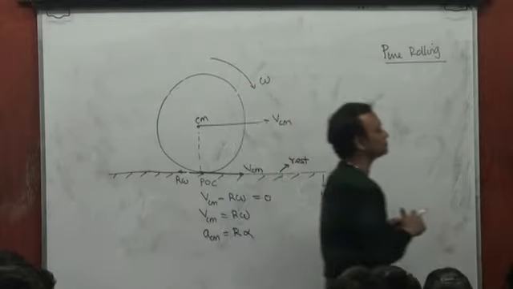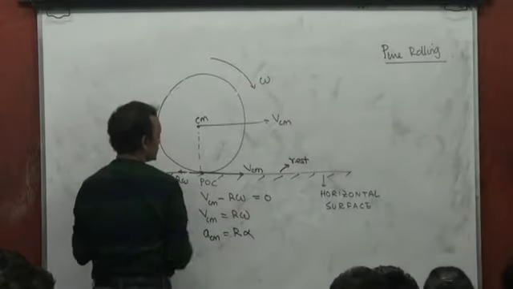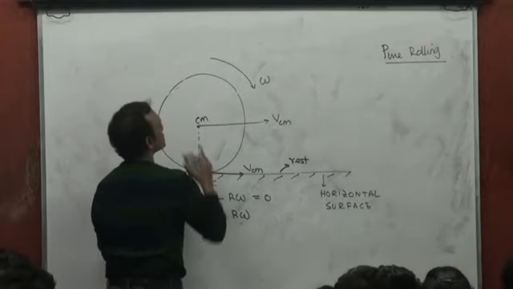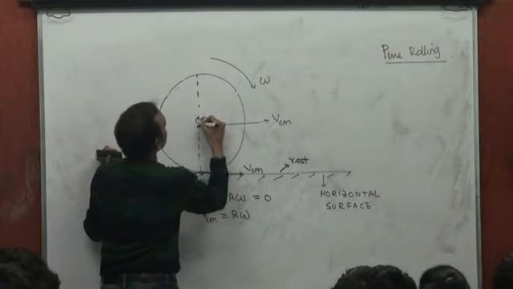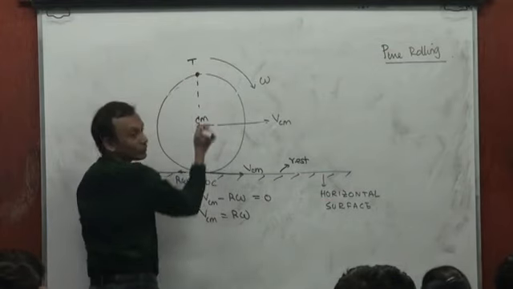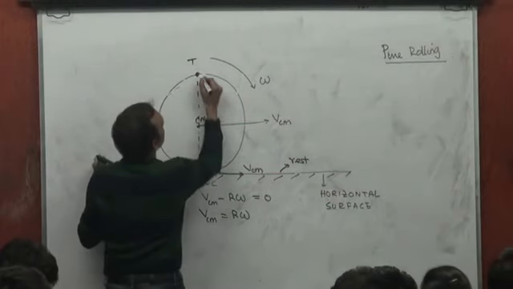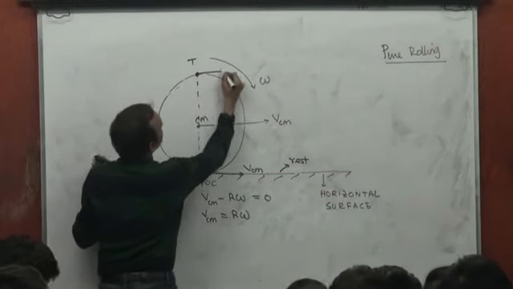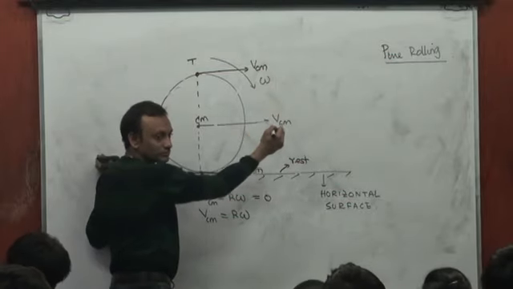Which means now, see, this body is in a state of pure rolling. If this is the topmost point, and I have to find the velocity of the topmost point in pure rolling, because of pure translation it has a velocity which is VCM to the right, right?